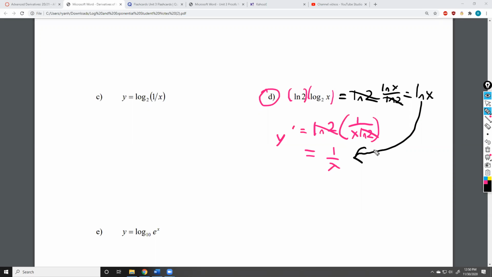So sometimes if you're really good with your logarithms and your tricks with the rules of logarithms, you can have a much easier time with taking these derivatives. But if you don't spot it, then you can just do it the way you would normally do it. And it'll work just fine that way as well.